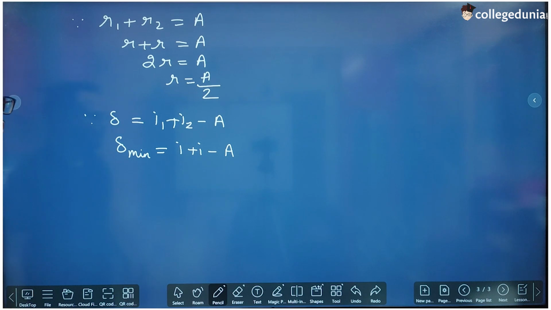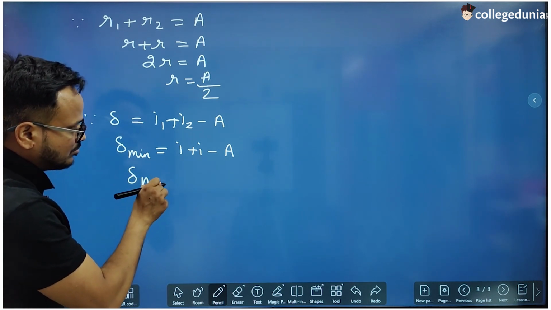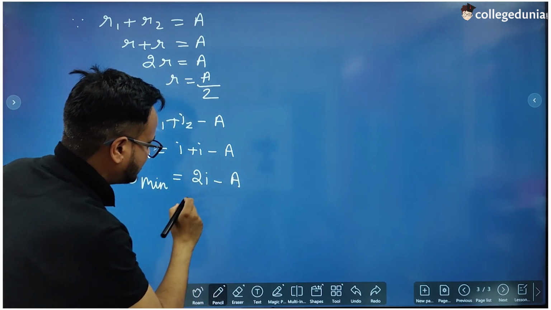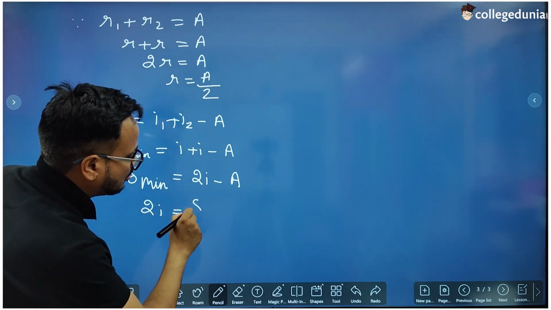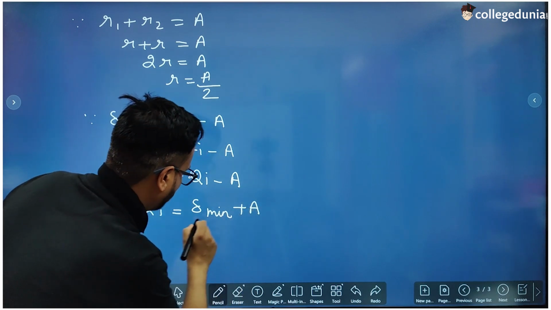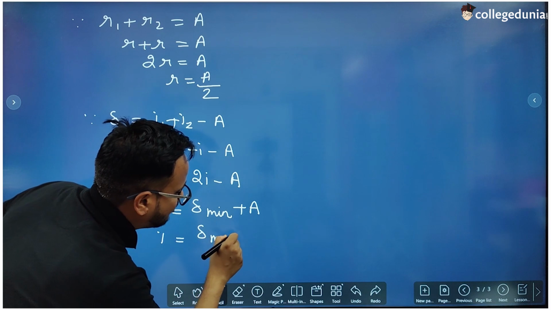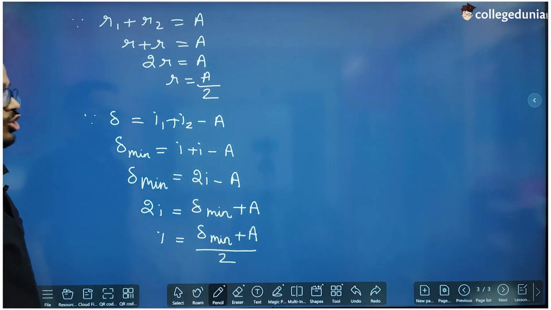We can write I for both I1 and I2, which gives 2I equal to delta minimum plus A. So I is delta minimum plus A divided by 2.